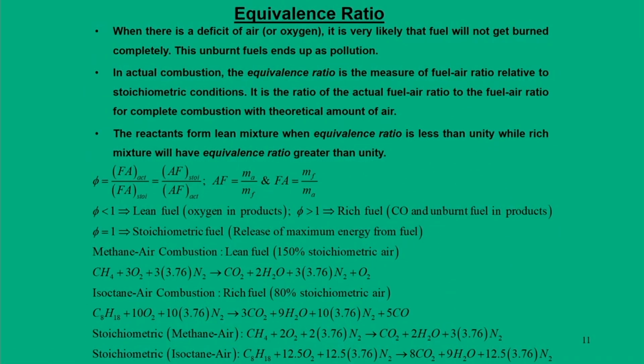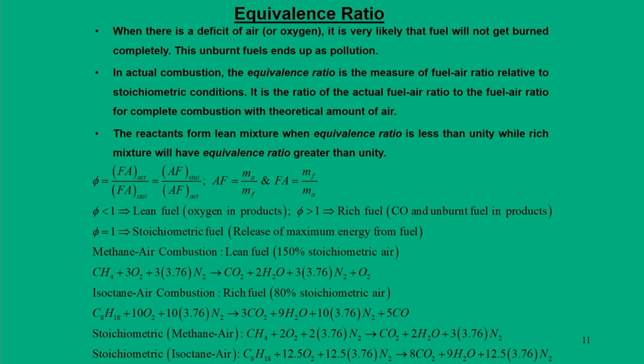Now, the next parameter we are going to discuss is the equivalence ratio. We already talked about excess air and deficit air. During an actual combustion process, how do you decide which parameter to regulate?